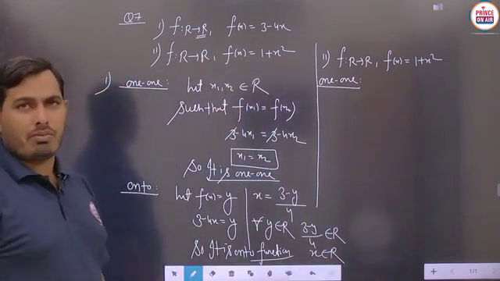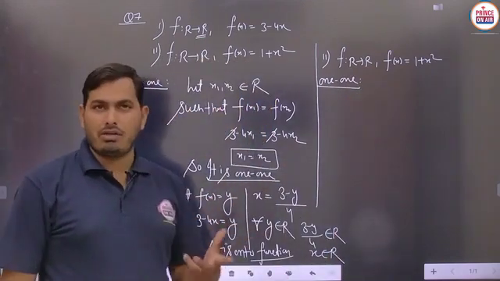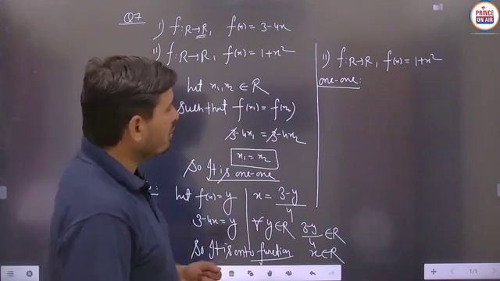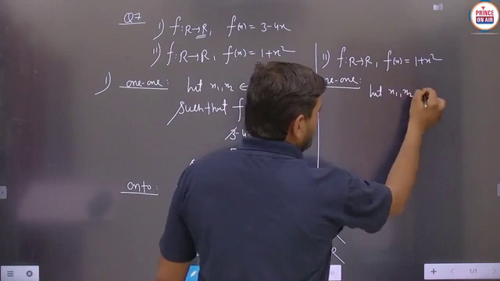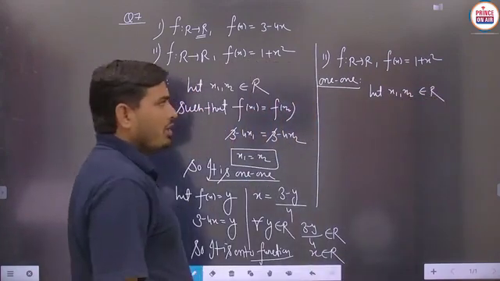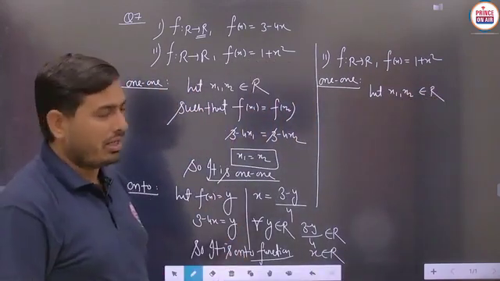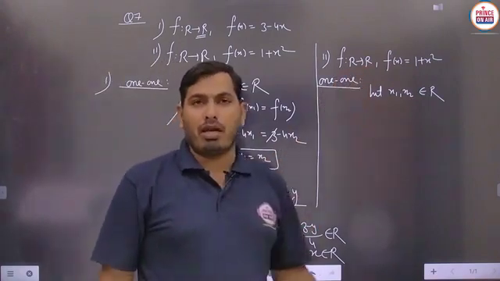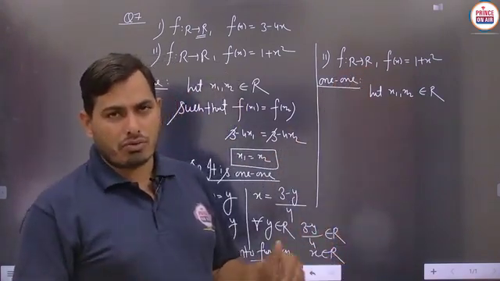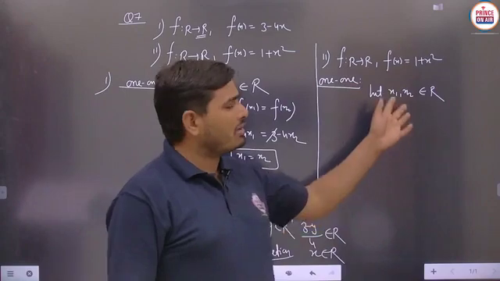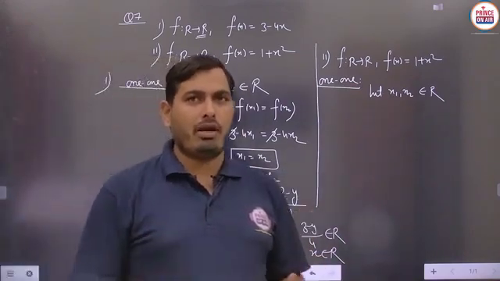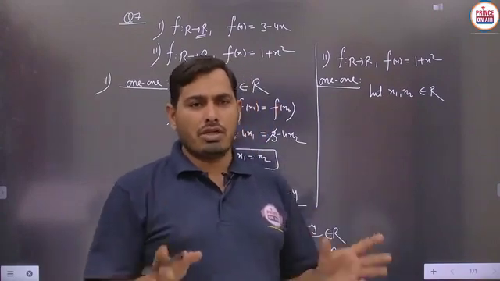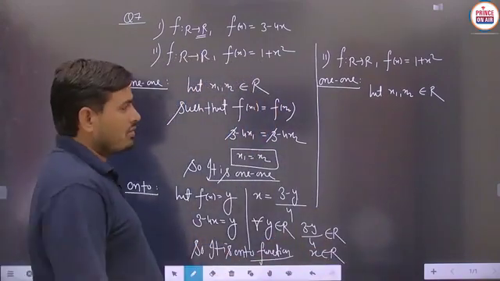So sometimes if the name is changed, there should be no confusion for any of you. So let x1, x2 belong to the set of real numbers, which is the domain. Is it to be clear? Here both the domain and codomain are the same. So some students will get confused whether these x1, x2 come from the domain or codomain. So always keep in mind that these x1 and x2 we are always selecting from the domain. Is it to be clear?